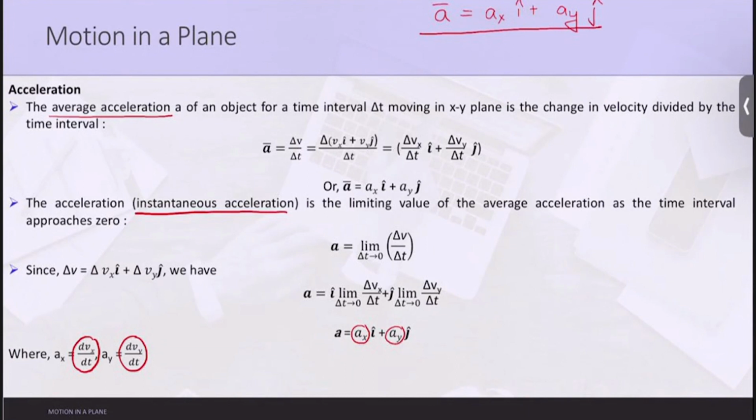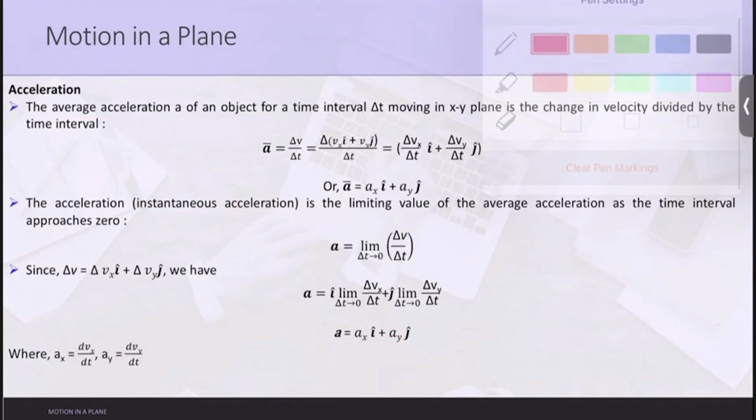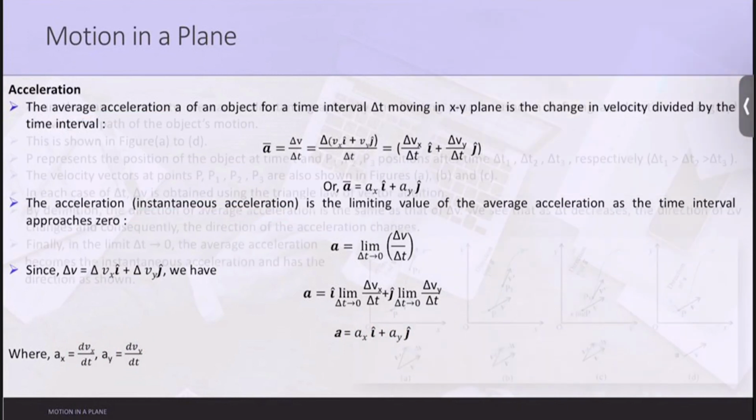The only difference is that in the first case, Ax and Ay take the form delta Vx by delta t and delta Vy by delta t, but in the second, they take the form dvx by dt and dvy by dt. It is nothing but the limit of each as delta t tends to 0. That is the only difference between average acceleration and instantaneous acceleration. Fine, let's move forward.